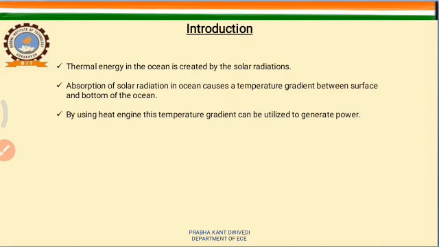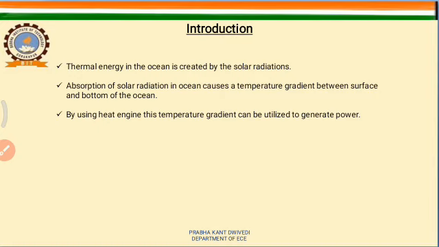When the upper surface of the ocean receives energy from the sun, one layer of the water from the upper surface gets heated, whereas the water at the bottom remains at a low temperature, means water at the bottom remains cold while the water at the surface gets heated up.